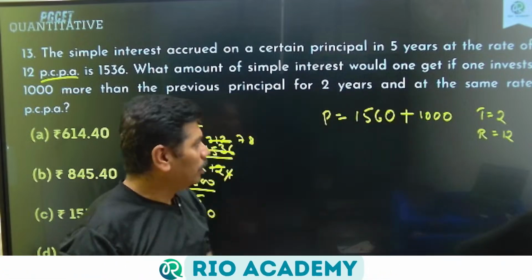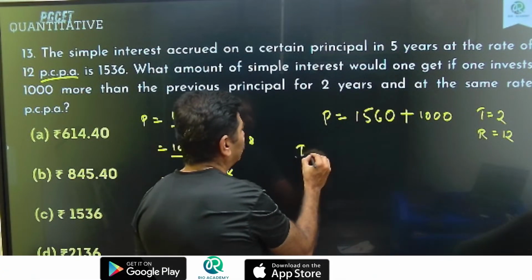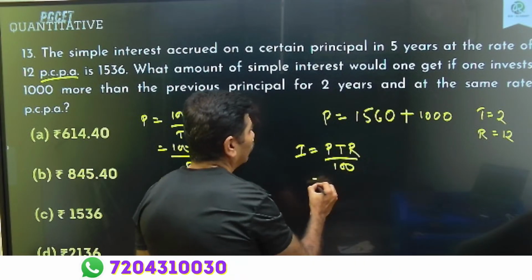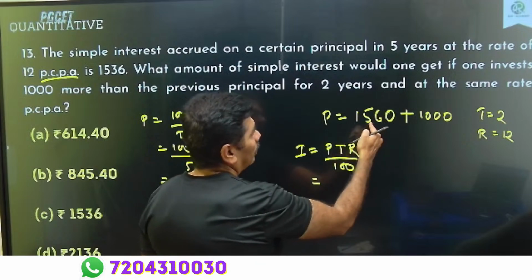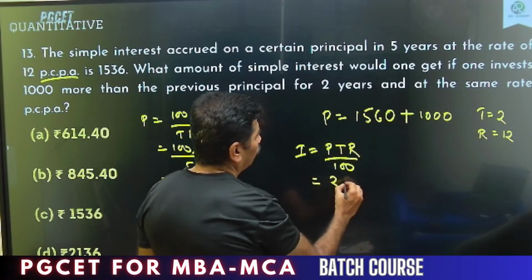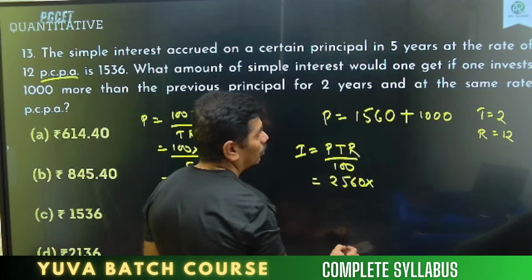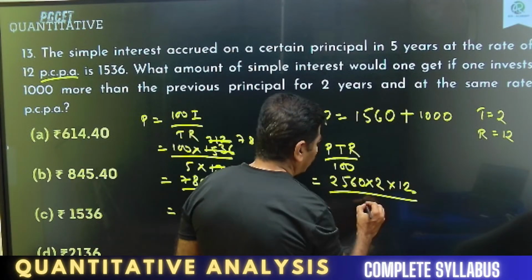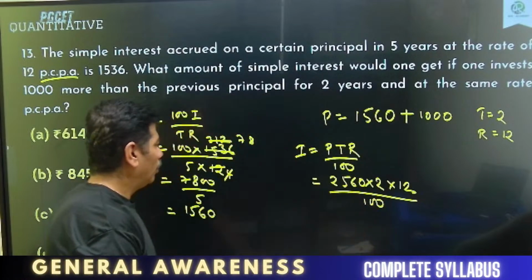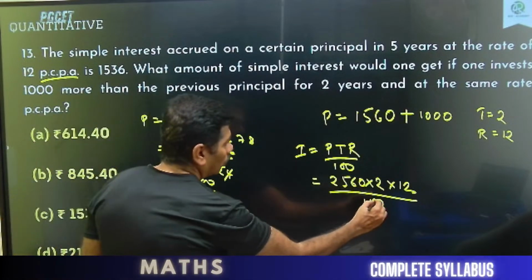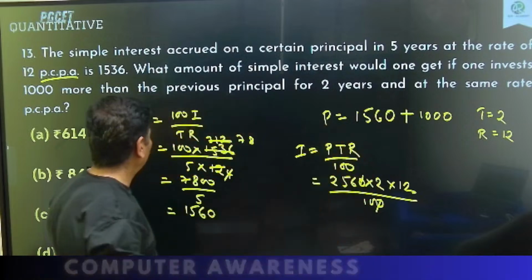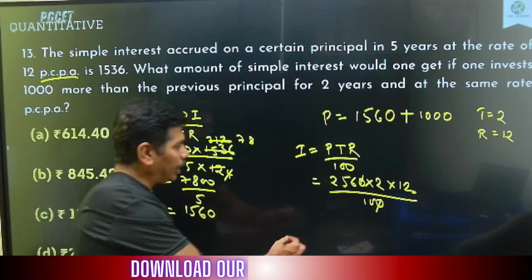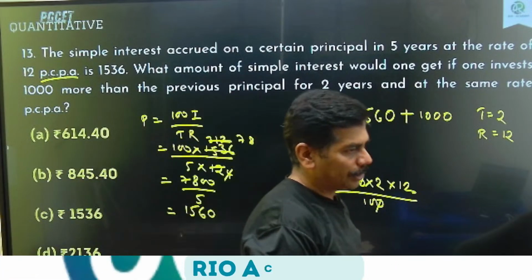Now simply use the formula I equals PTR by 100. So P is 1560 plus 1000, that is 2560, into T which is 2, rate of interest 12 divided by 100. After the 100 cancels, what happened? The 10 10 went. So you can solve it further and whatever answer you get, you can mark it.